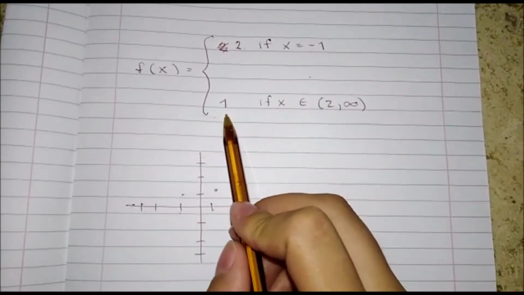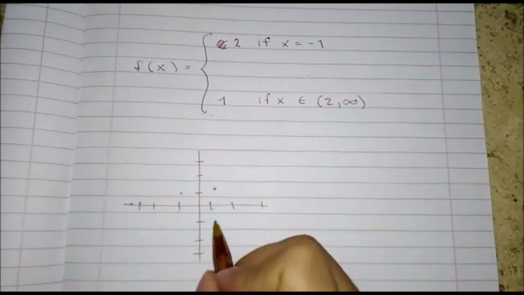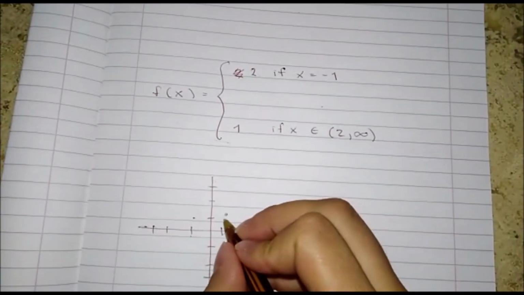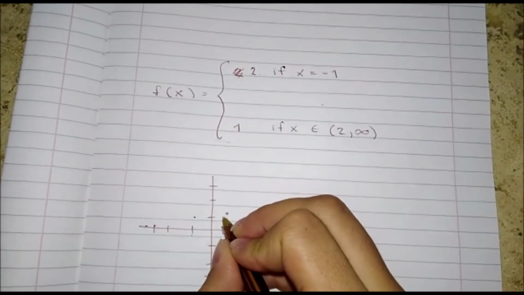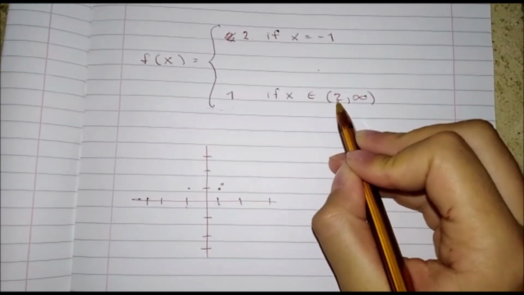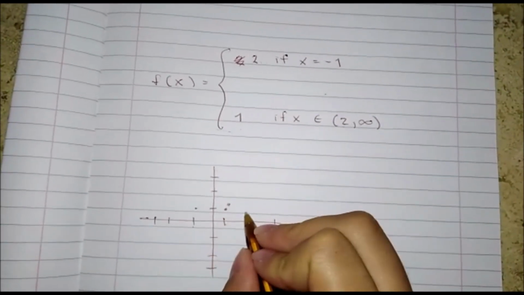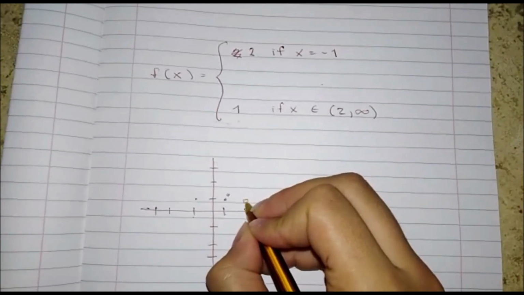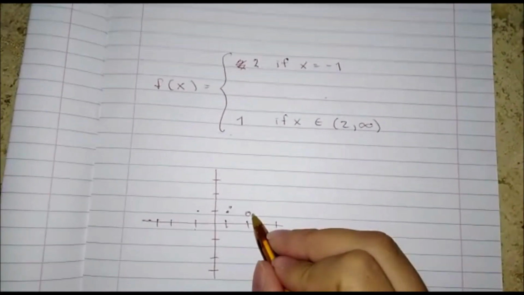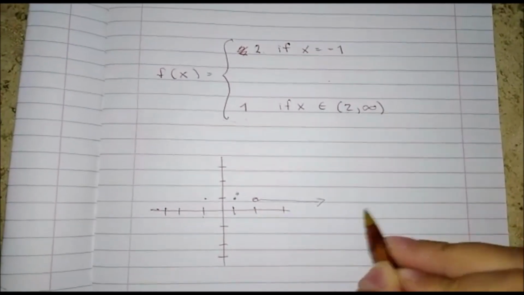So for here, there's a 1, but as it doesn't have an x, we only draw a line at 1. So here is 1, but our restriction says that it only goes to 2 without including 2, up to infinity. So here it is 2, but without including it, so we don't draw the dot, and we only draw a line to infinity.